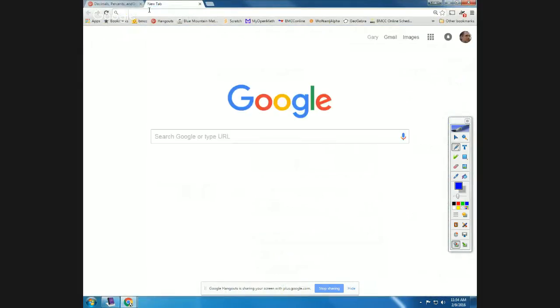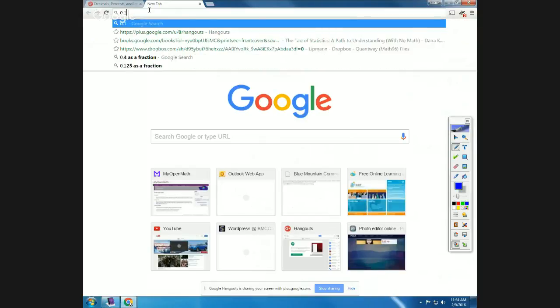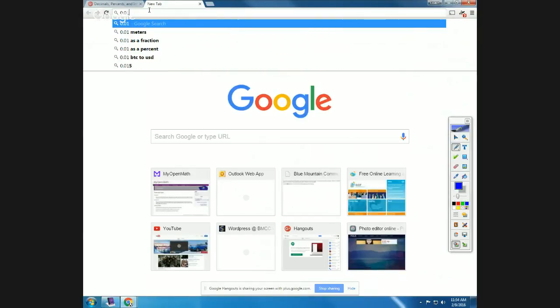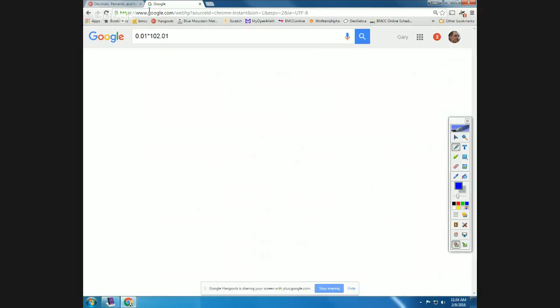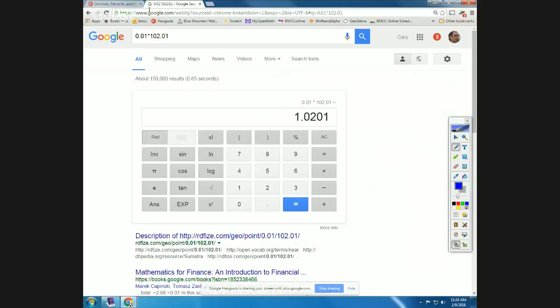So Google, what is 1/100th times 102.01? Google says it is 1.0201, and I want to add that on to my previous $102.01.